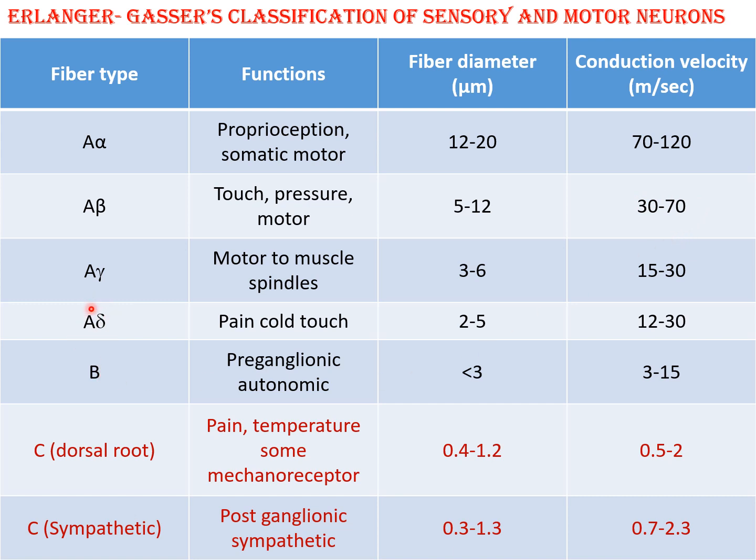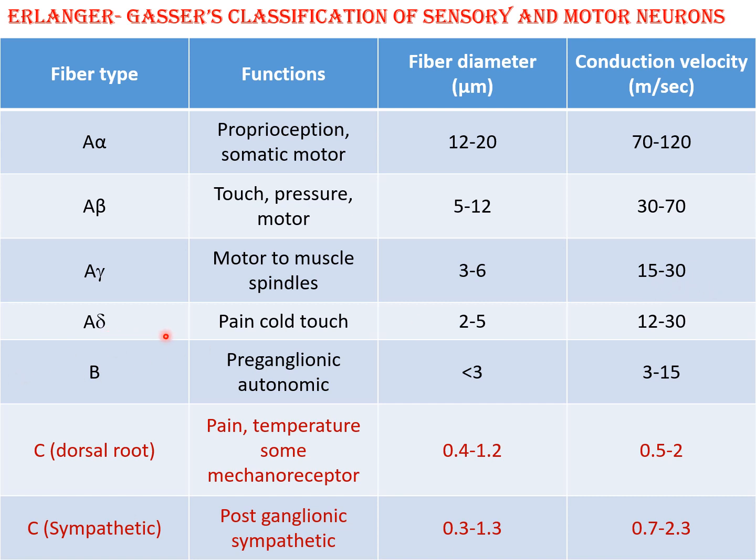And A gamma fibers. These are the motor to muscle spindles and diameter is about 3 to 6 micrometer and conduction velocity is about 15 to 30 meter per second.